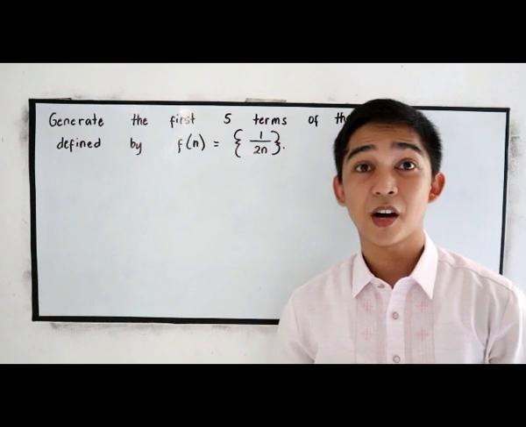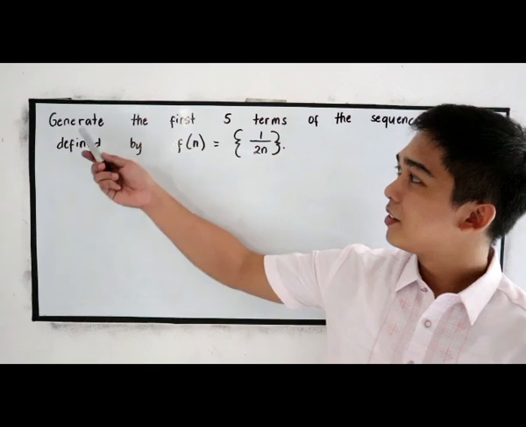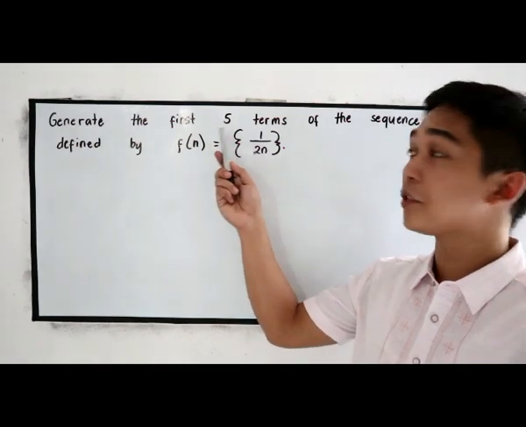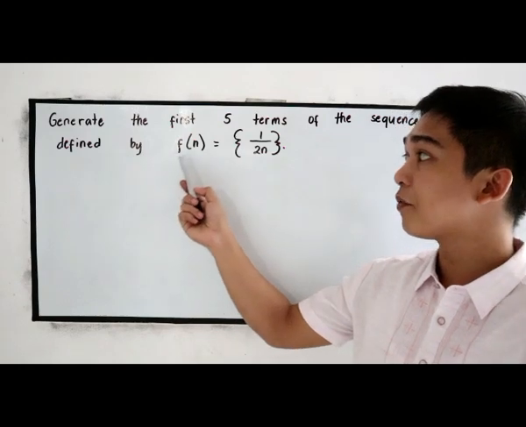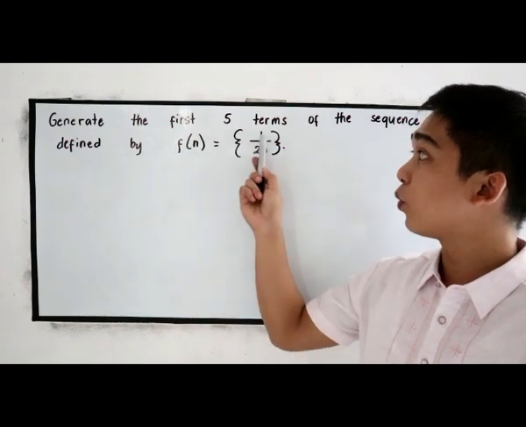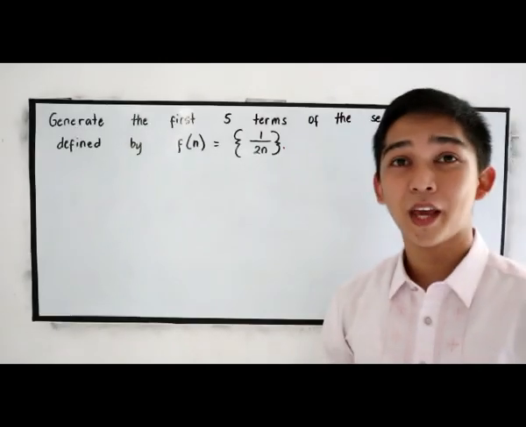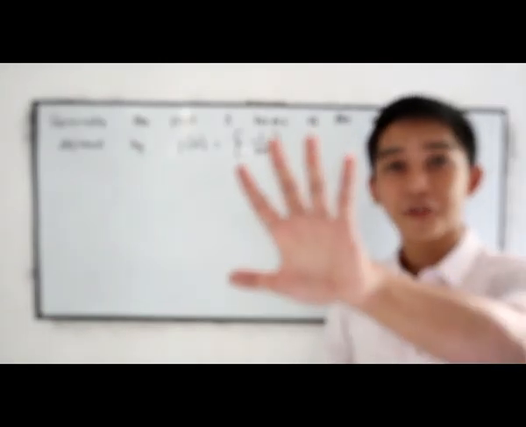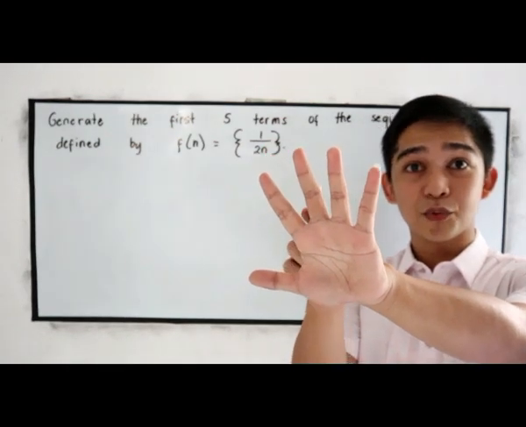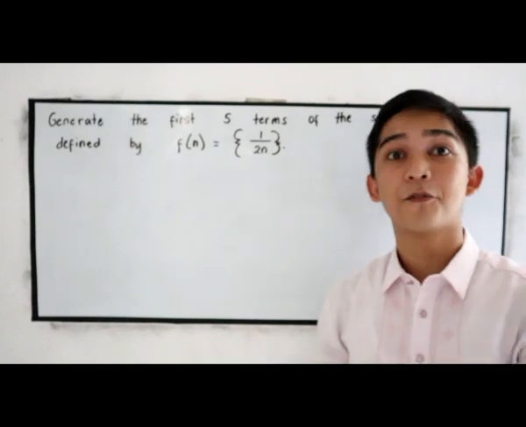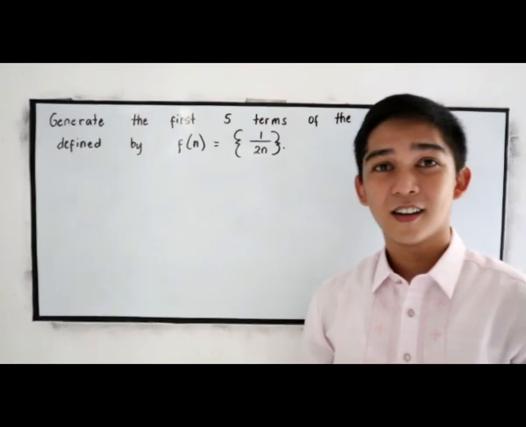Let's have another example for our sequence. Generate the first 5 terms of the sequence defined by f of n is equal to 1 over 2n. So we need to get the first 5 terms: a sub 1, a sub 2, a sub 3, a sub 4, and a sub 5. So let's solve.